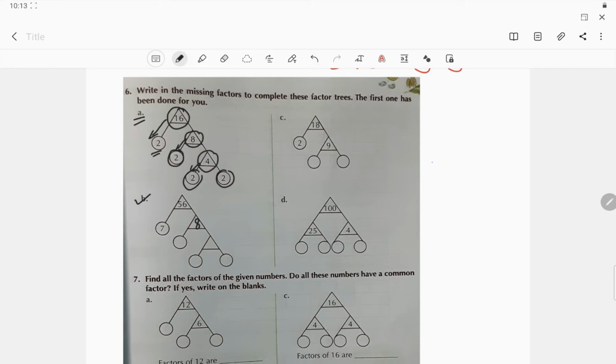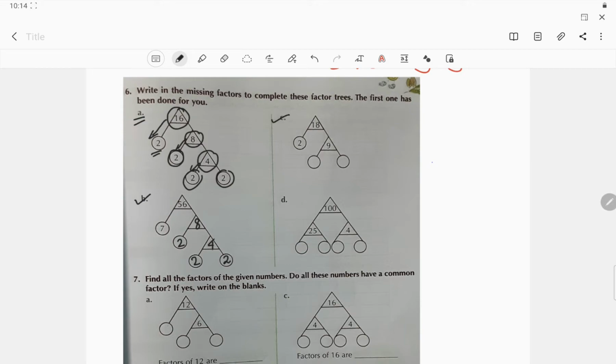Now there is another branch. You have to divide 8 by 2, then you will get 4, right? Now again if you divide 4 by 2, you will get another branch with 2, right? I think you have understood.